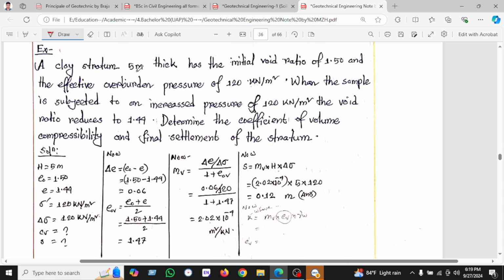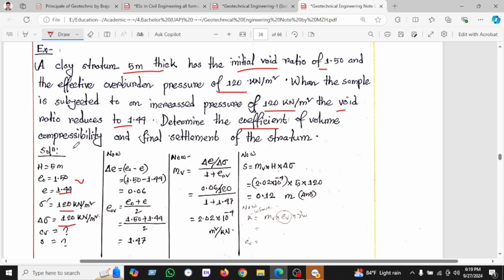Here the fine peat layer is thick, and the initial void ratio is given as 1.5, and the effective overburden pressure is 120. The sample is subject to an increased pressure of 120, which is delta sigma, and the void ratio is given as 1.44.